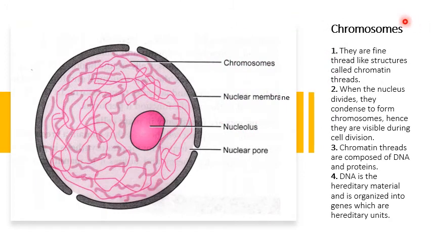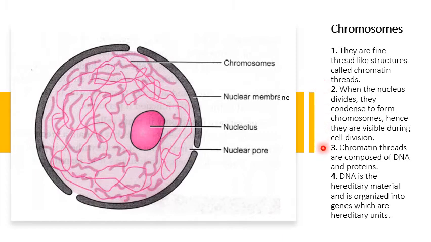Now let us talk about the chromosomes. What are chromosomes? They are fine thread-like structures called chromatin threads. And children, when the nucleus starts dividing, they condense to form chromosomes. Hence, they are only visible during the period of cell division.